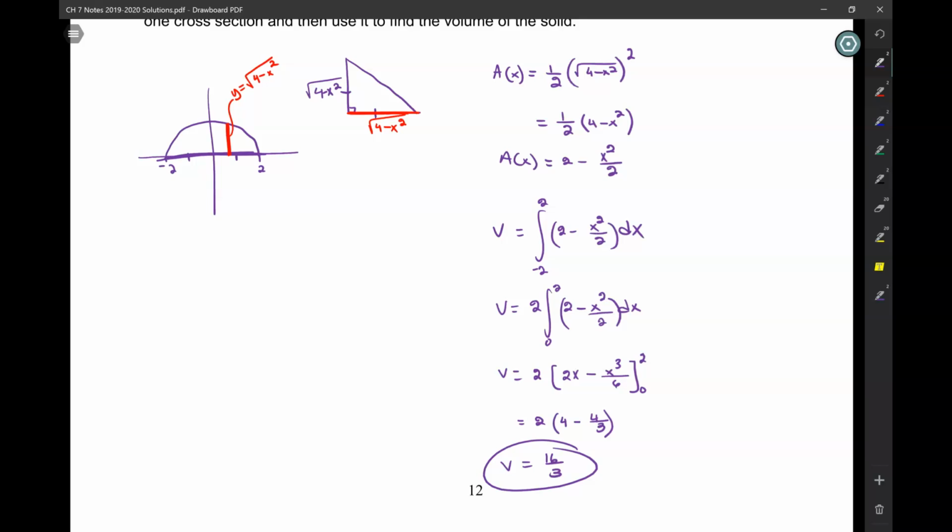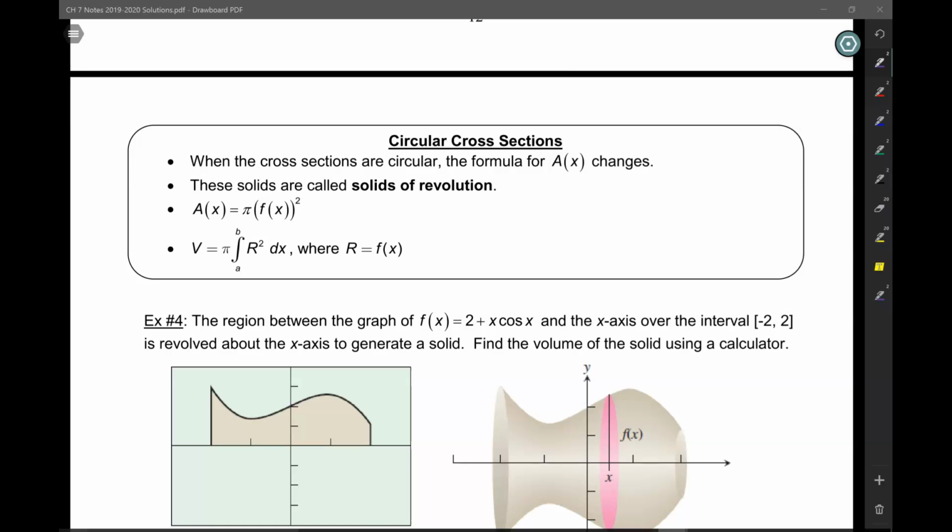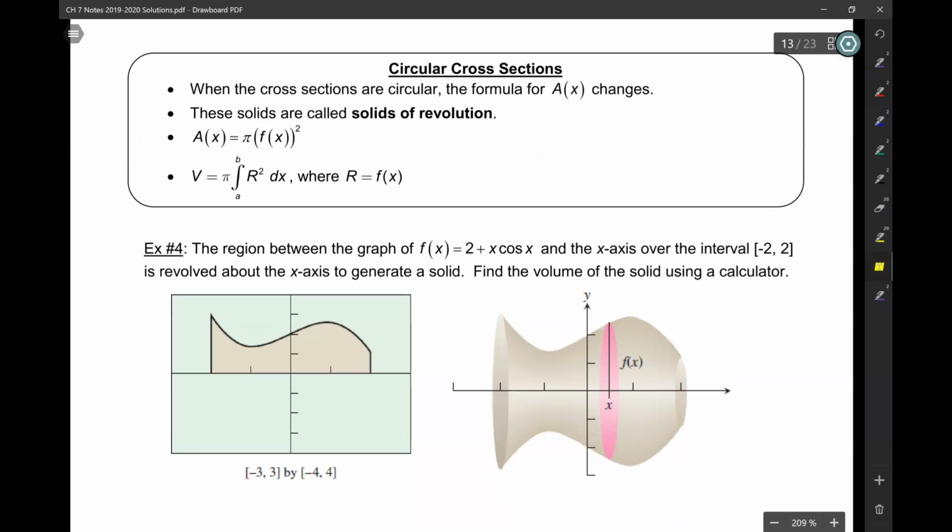Because when you rotate you get this rounded outside, and so when you have tiny little discs, it's a lot more accurate. So the formula for area is going to change somewhat, right? These solids now are going to be called solids of revolution, right?